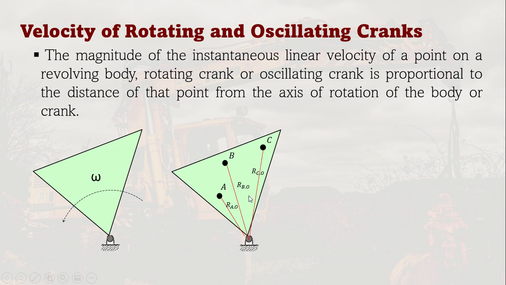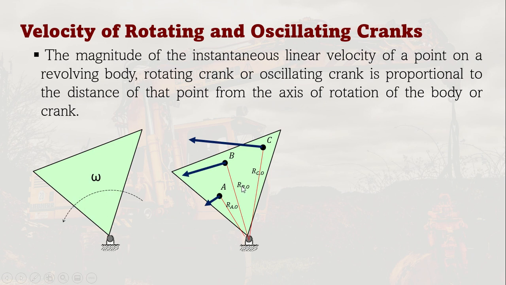So their linear velocities are proportional to the distances of these different points to the axis of rotation. As you can see here, since A is closer to the axis of rotation, its linear velocity is smaller as compared to B, which is farther away from the axis of rotation, while C has the greatest linear velocity since it's the one that is most distant from the axis of rotation.